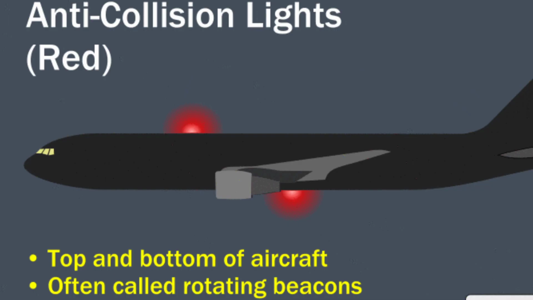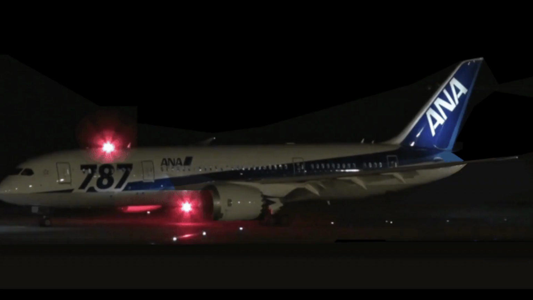Anti-collision lights. An anti-collision light system may consist of one or more lights. They are rotating beam lights that are usually installed on the top of the fuselage or tail. Large transport type aircraft use an anti-collision light on top and one on the bottom of the aircraft. It consists of one or two rotating lights operated by an electric motor with a red glass housing.